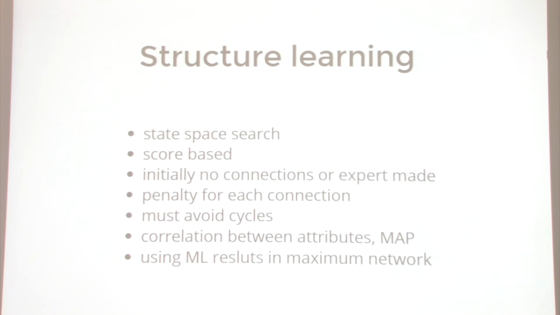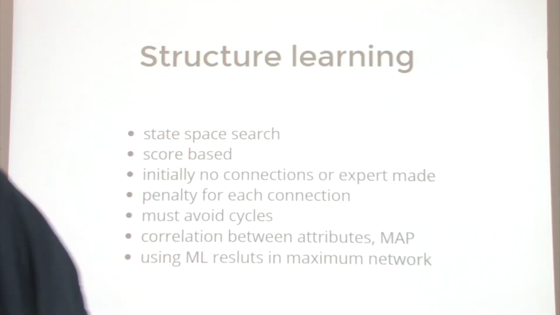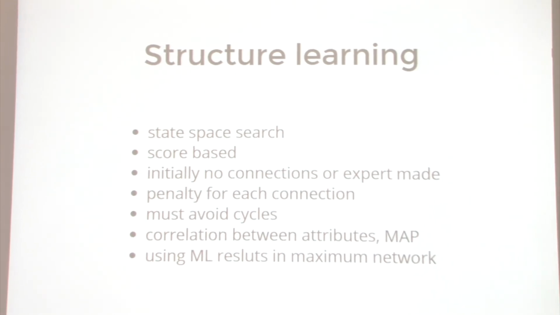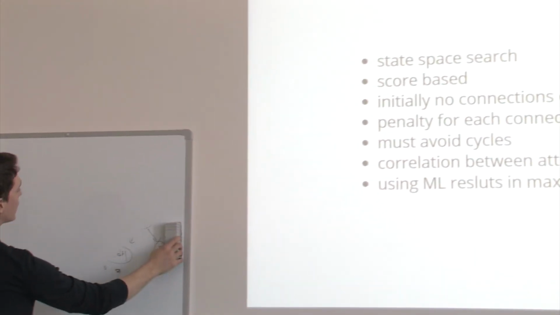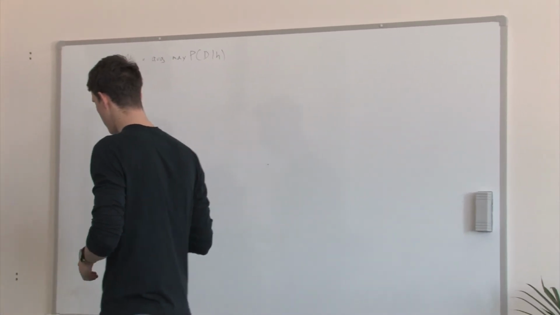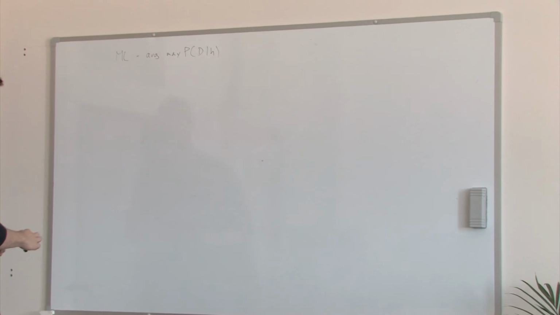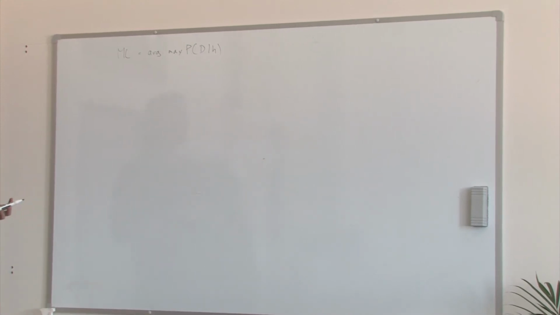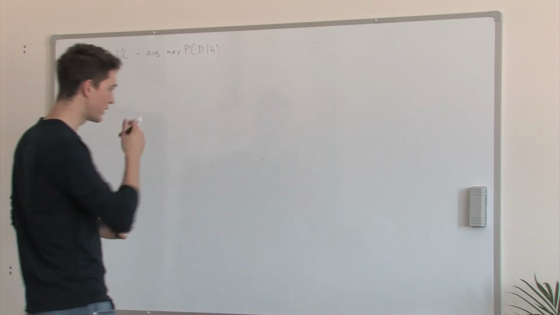Now let's take a look at structure learning. So first of all, you need a graph. Structure learning is about getting the graph part of the Bayesian network. Now, how does that work? Well, obviously, each node of the Bayesian network is a variable of your model. So that's pretty simple.